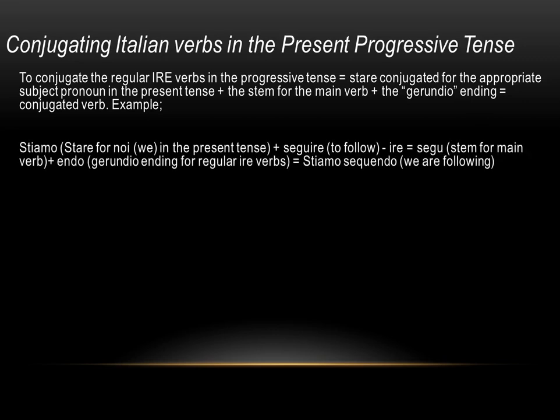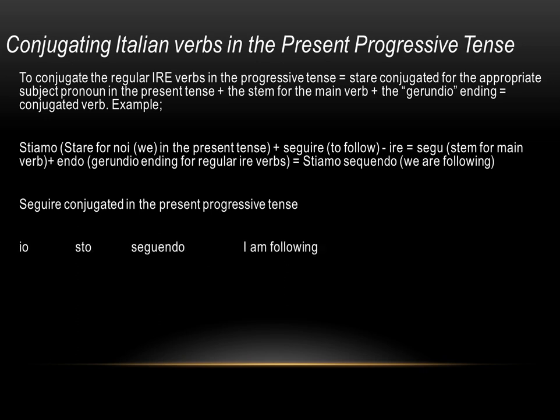Example, stiamo, stare for noi, plus seguire, to follow, minus ire equals segue, plus endo, the gerundio ending for regular ire verbs. We have stiamo seguendo, we are following.